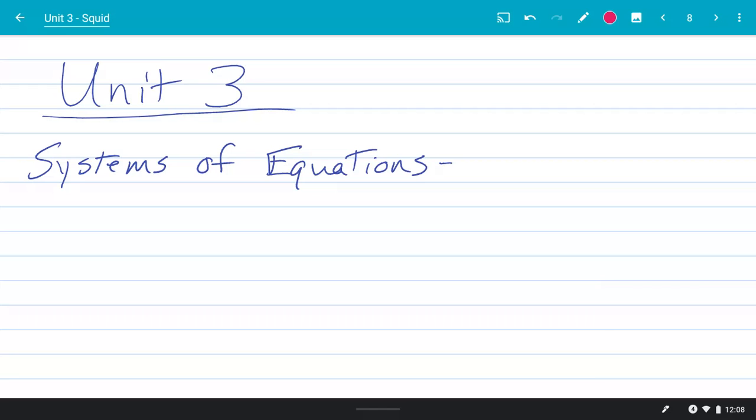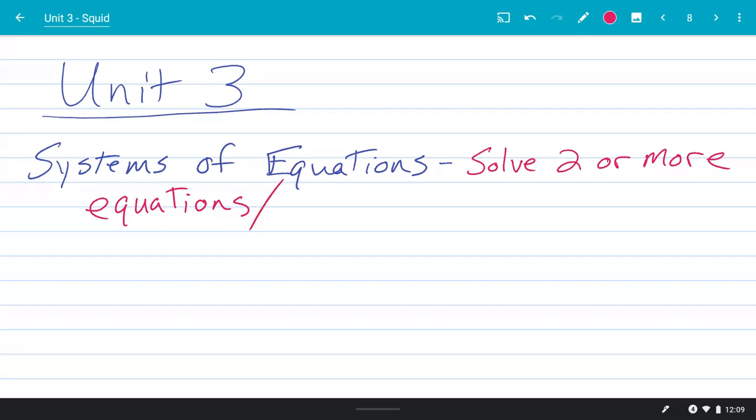First, in Unit 3, we're going to talk about solving systems of equations. Before we get into how to solve them, what are systems of equations? Well, systems of equations are when you solve two or more equations or inequalities simultaneously.